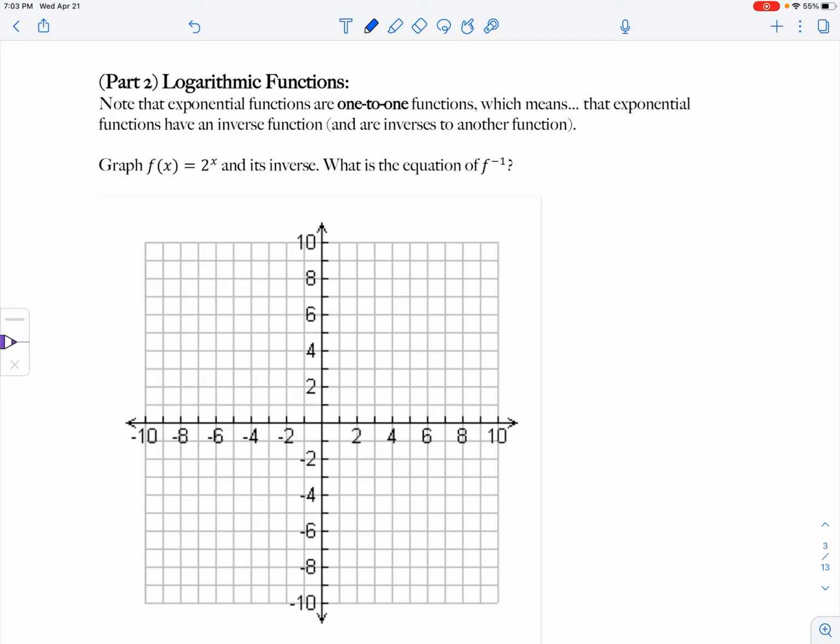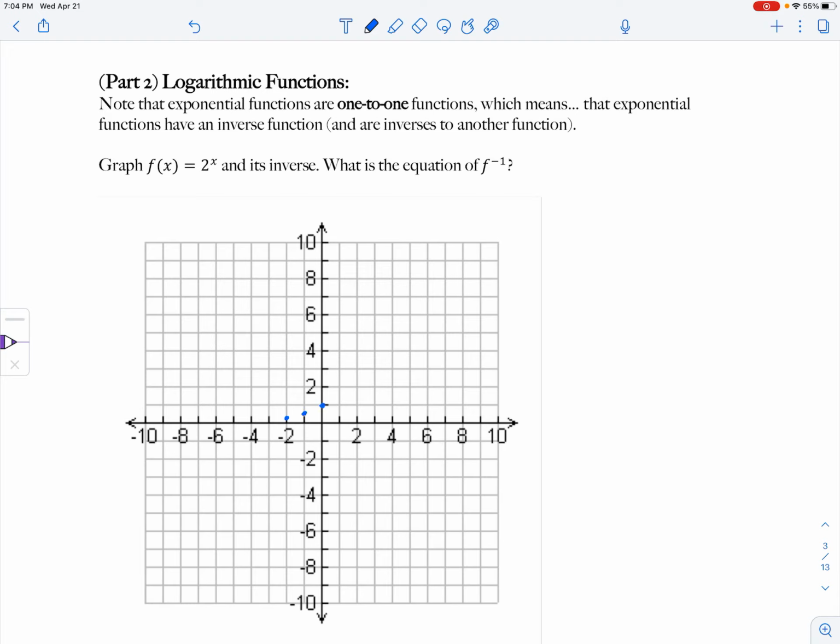So if we were to graph f of x equals 2 to the x, we can just think about plotting some points. So f of negative 2 would be 2 to the negative second power, which would end up being an output of 1/4. If we plug in negative 1, we would get 1/2.